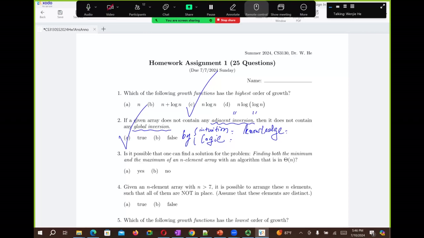we know the adjacent inversion can result in global inversion by the transitivity property.